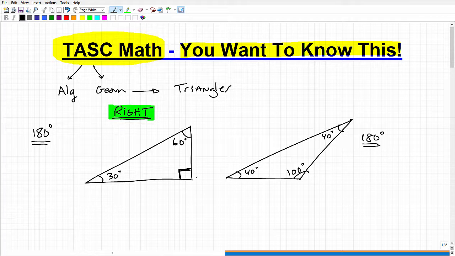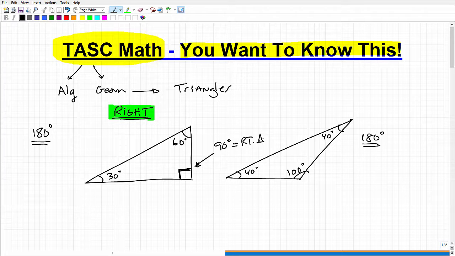So if you see a triangle that has a little box in the corner, this means that this is 90 degrees, which is another way of telling you that this is a right triangle.